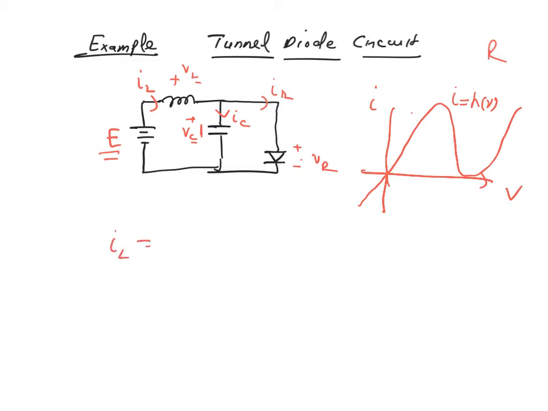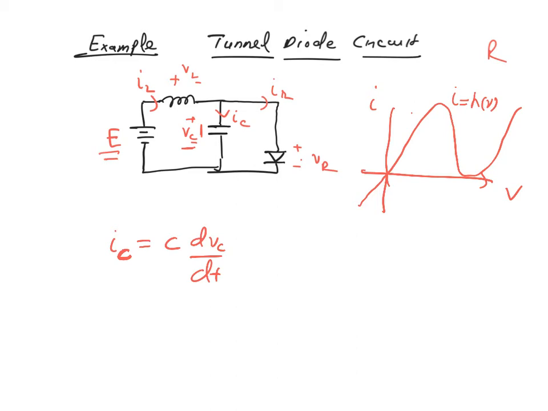So some basics. What is IL? IL is the current flowing in the inductor coil. Sorry, I'm talking about this IC here. The current flowing in the capacitor, IC, is C dVc by dt. So you know the voltage, you differentiate with respect to time, multiply by C, and you get your IC. These are standard electrical things.